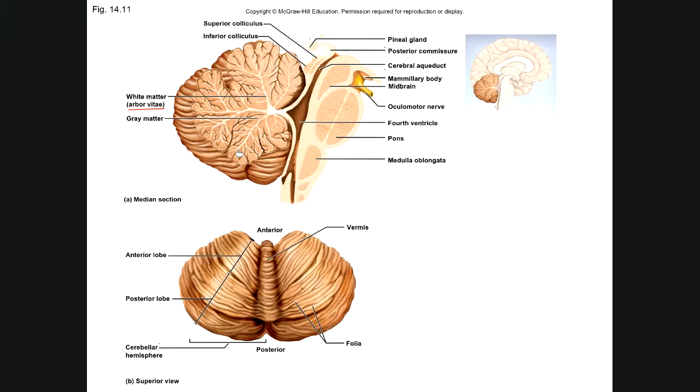Simple things like taking one step at a time for walking, or perhaps typing or moving your arms in a specific manner. That is because it's associated with this part of the brain called the cerebellum.